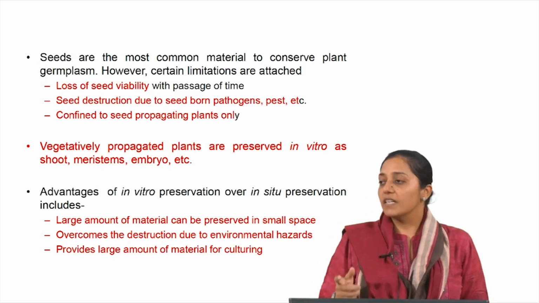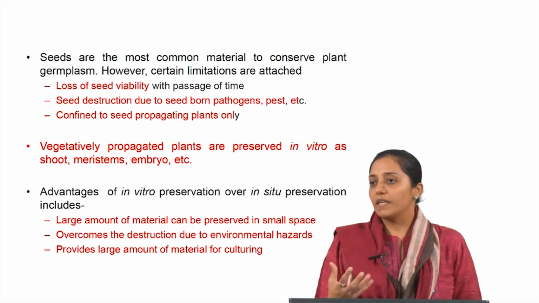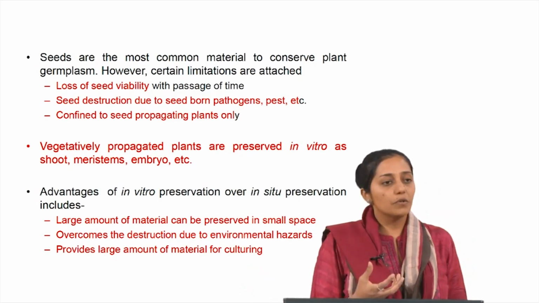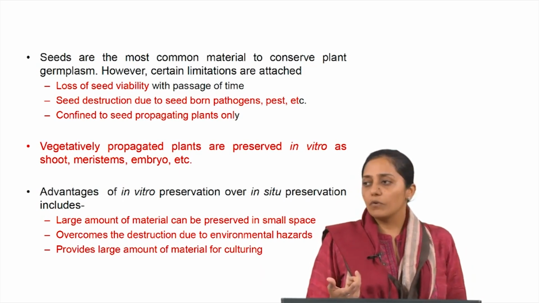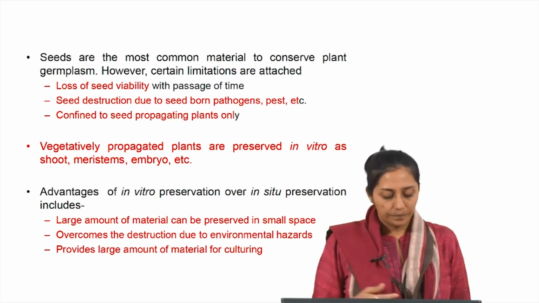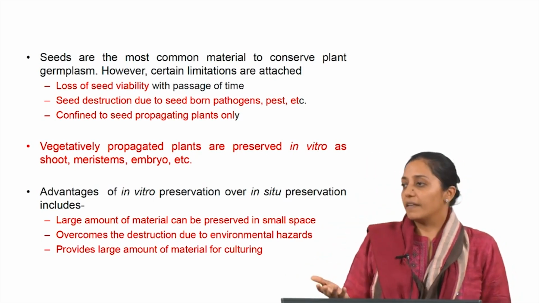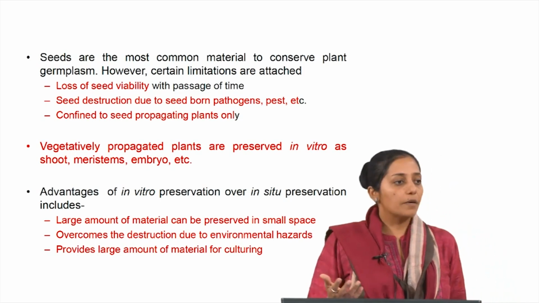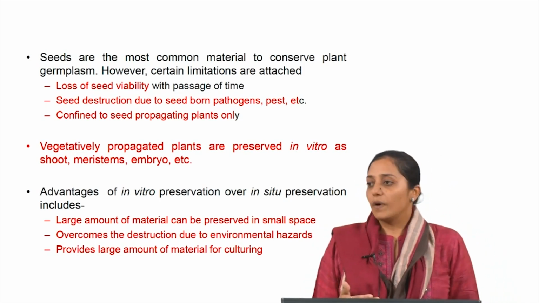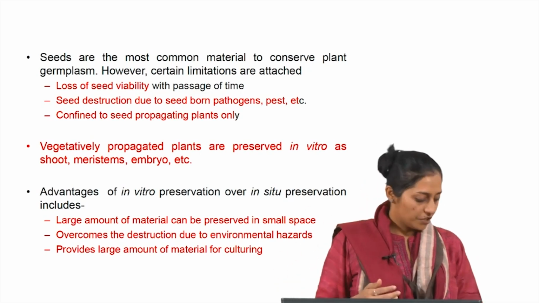Now the advantage is that, as she was saying, one of the demerits is that large space is required, but if you are using in vitro cultures, in a small amount of space you can conserve or store a large amount of material. Then it overcomes the problems of climatic or environmental dependency, and provides a large amount of material for culturing for regeneration later.